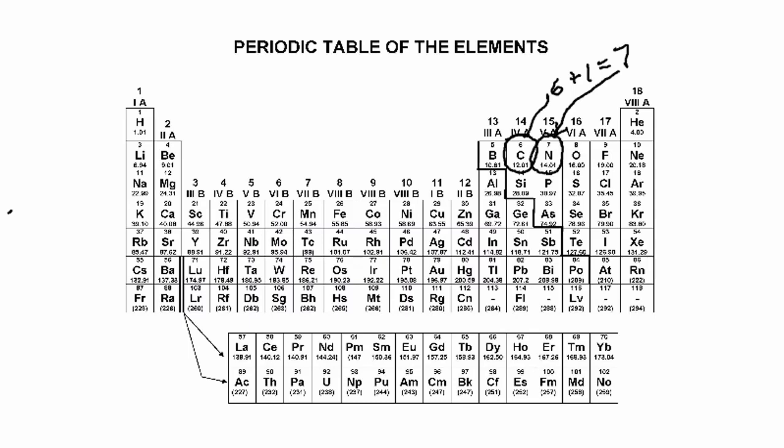So by beta decay, we have turned a carbon atom into a nitrogen atom, because nitrogen is the one that has 7 protons. So this beta decay actually changes the carbon into nitrogen.